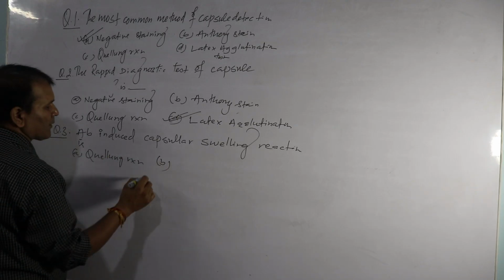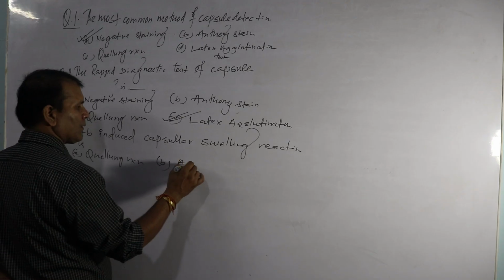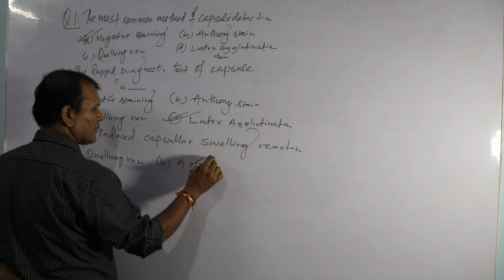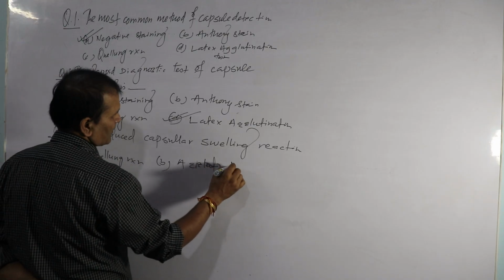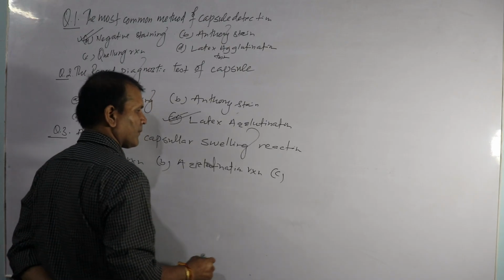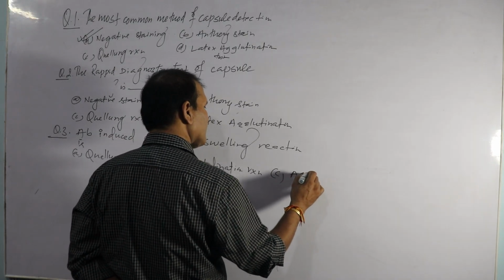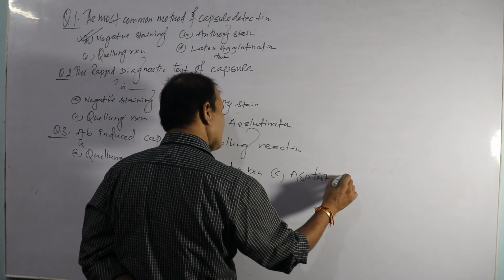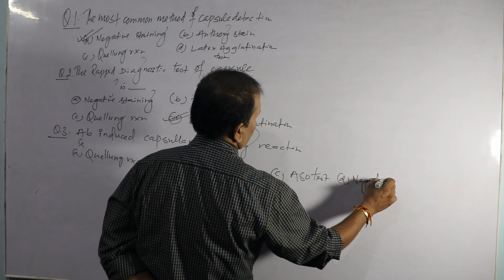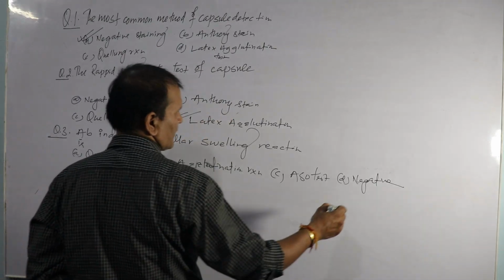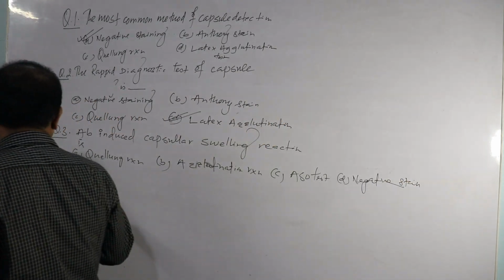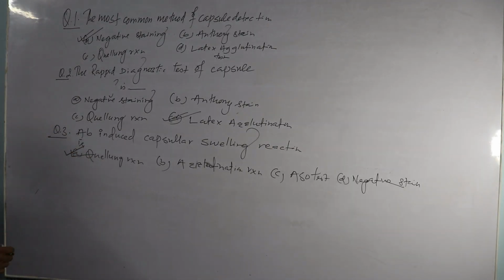Option B, agglutination reaction. Option C, ASO test. Option D, negative staining. So we can take Quellung reaction.